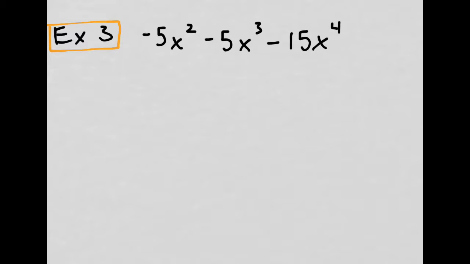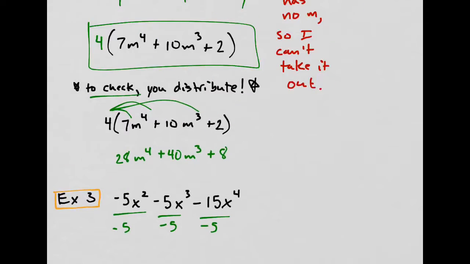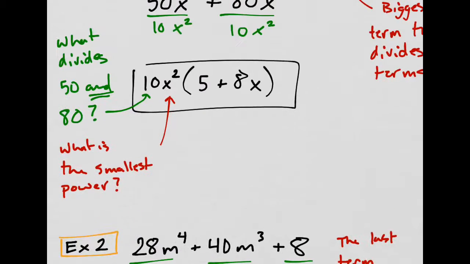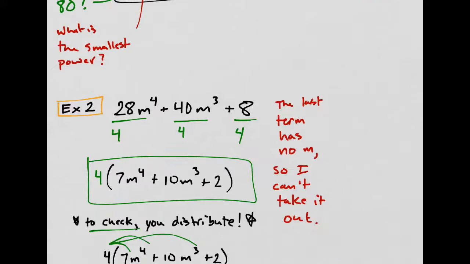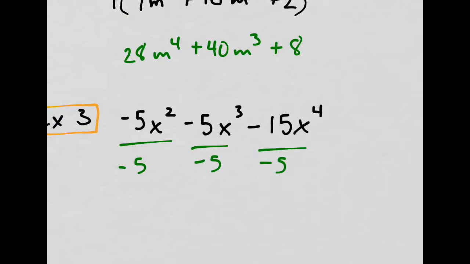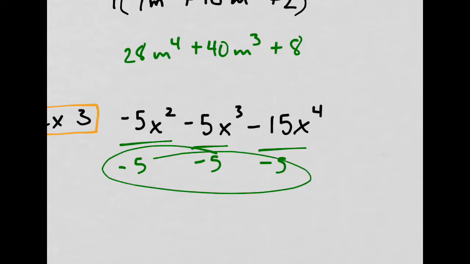What I see is that I can divide by -5 for all of them. But remember, that's what divides all three of them. In this case, all three of them are divisible by 5. I can't divide by 15 because the -5 and the -5 aren't divisible by 15. So the biggest I can do is -5.